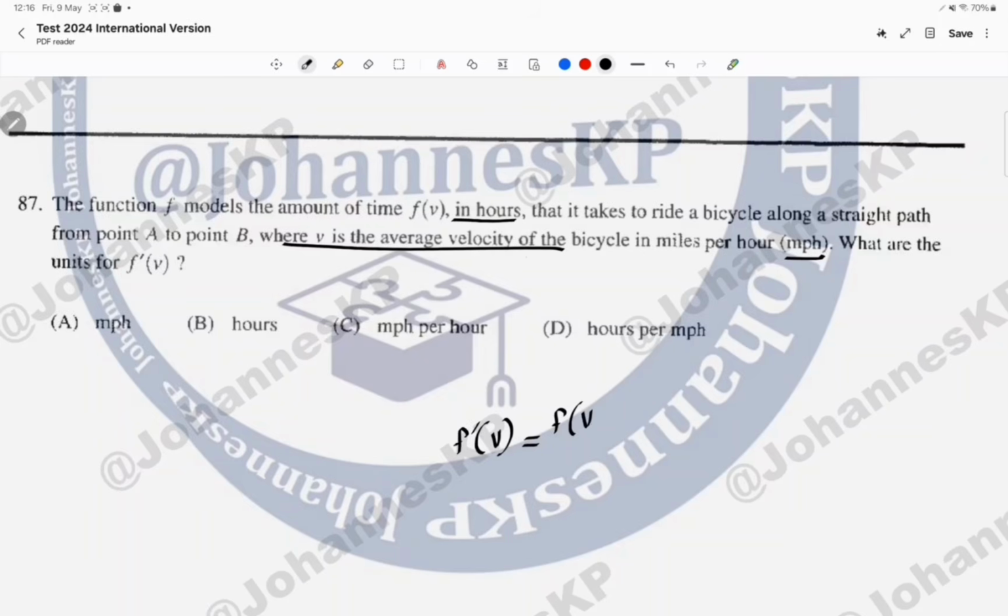F of v2 minus f of v1 over v2 minus v1, just like f of b minus f of a over b minus a. The unit for f of v is hours, and the unit for v is miles per hour. So hours per mile per hour, which is D. Good.